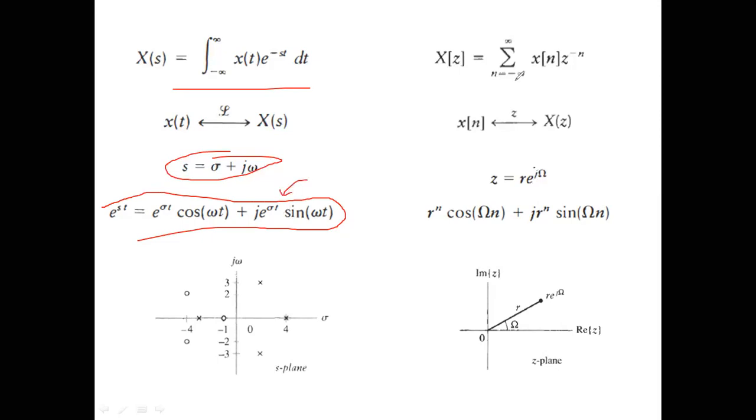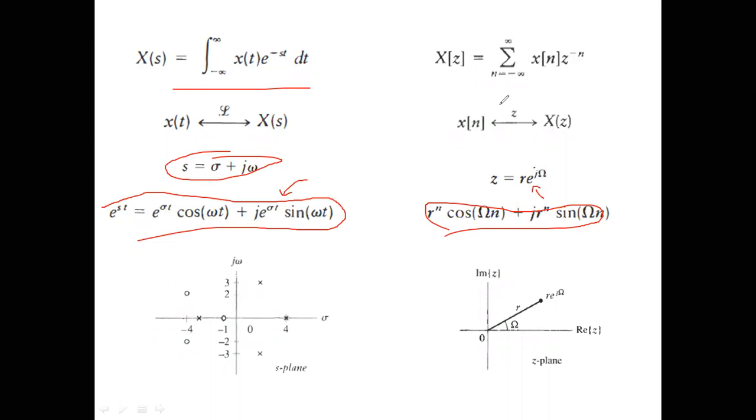Here we will be representing x of n in terms of discrete complex exponentials. Here z is given by r e to the power j theta.